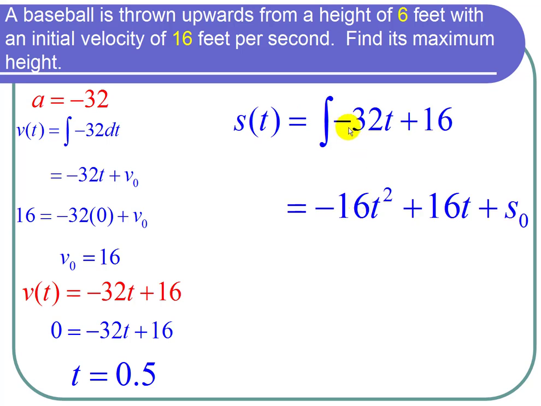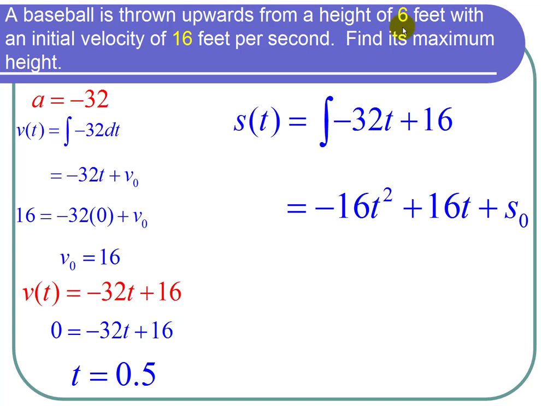And then I have to add a constant, and I'm going to call that constant s naught. We know that the initial height for this ball was 6 feet. So that means if I plug in 0 for t, I get 6 for my s of t. And that reduces to s naught equals 6.